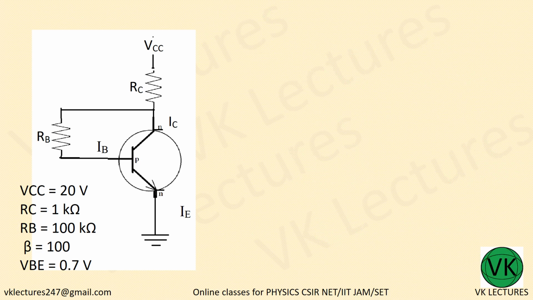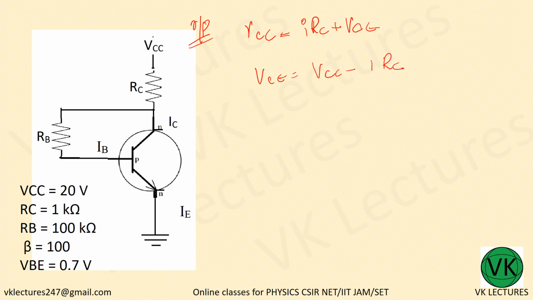To the output side, VCC equal to I into RC plus VCE. There is no drop across resistance. So what is VCE? VCC minus I into RC. Right.